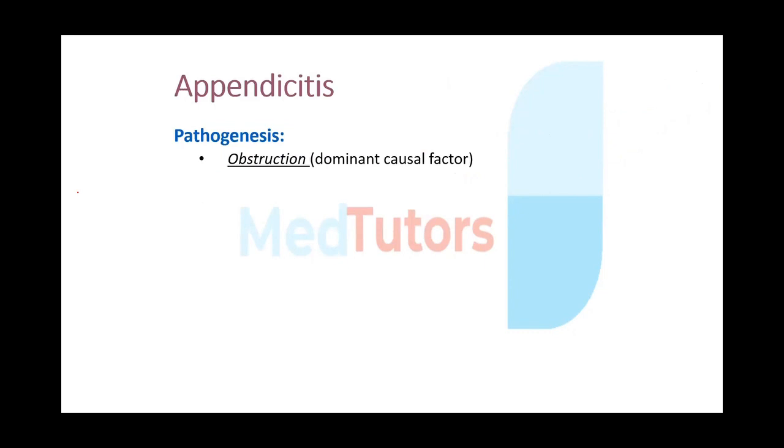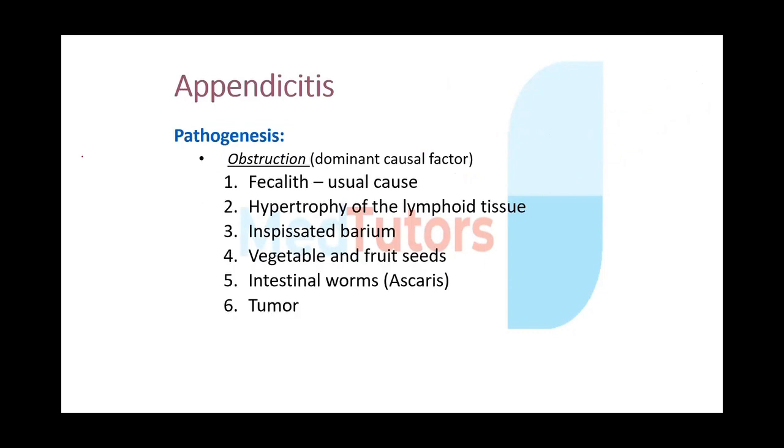And you know, there are various types of appendicitis. It could either be the obstructive type or the catarrhal type. Now, in the obstructive type, there is obstruction of the lumen of the appendix. Of the various causes of obstruction, the commonest is a fecalith.